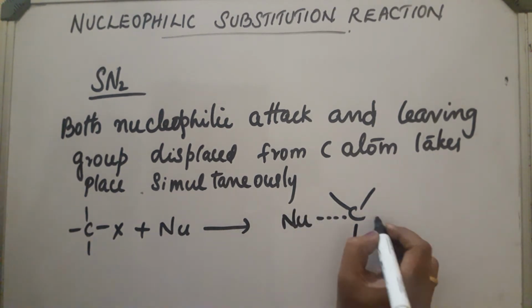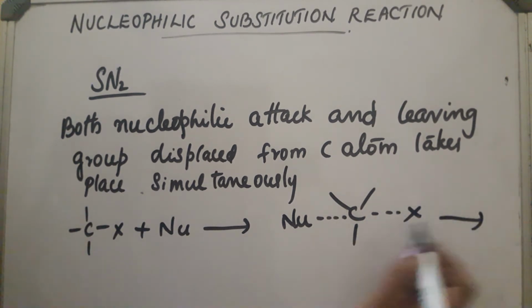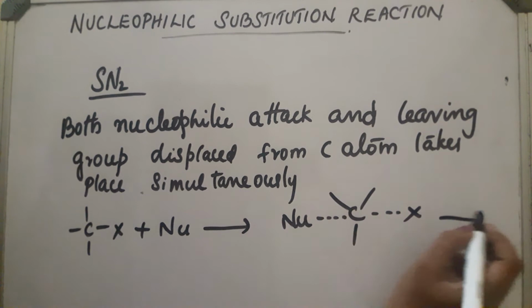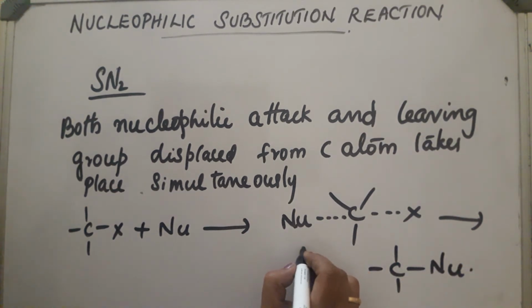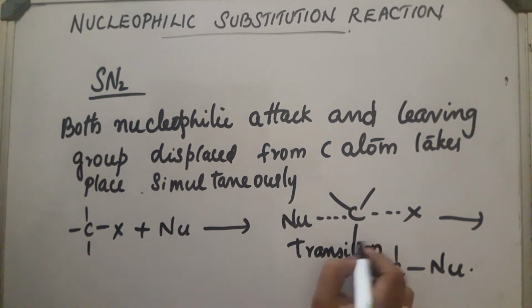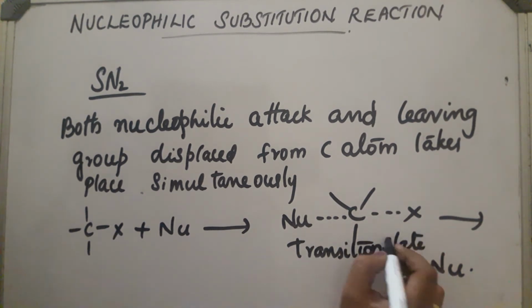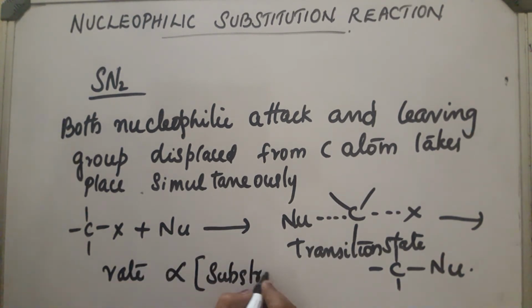This is the intermediate step, or the transition state. These two take place simultaneously. So the rate of the reaction is proportional to both the concentration of the substrate and the concentration of the nucleophile.